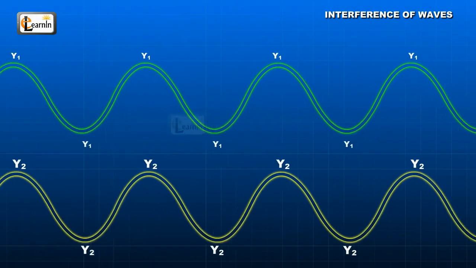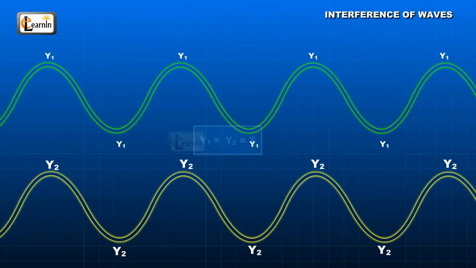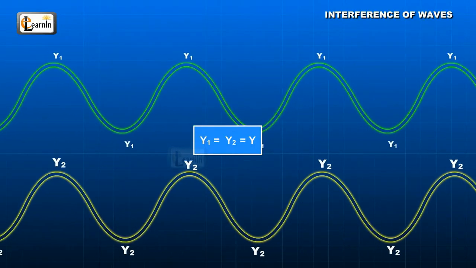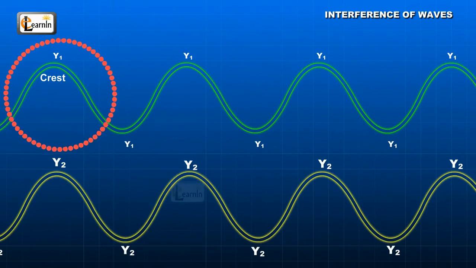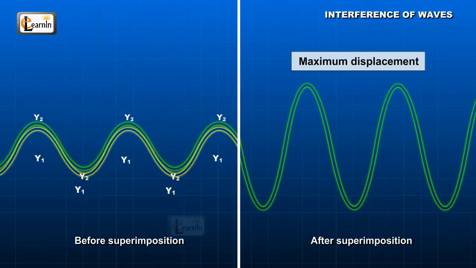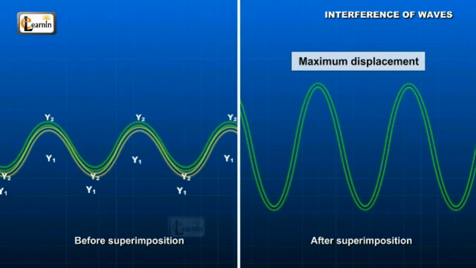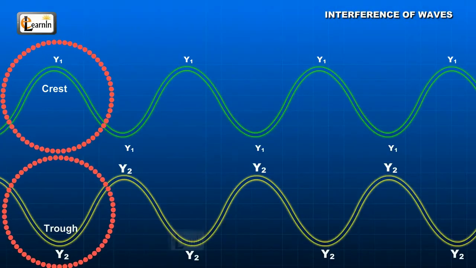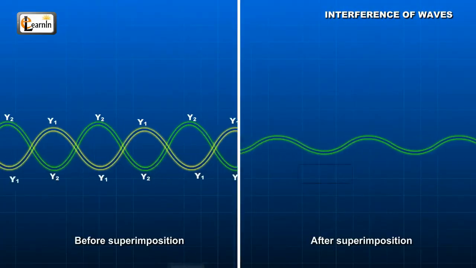When both the sources have the same amplitude, that is y1 equals y2 equals y, then the crest of the first wave meets the crest of the second wave and the resultant displacement is maximum. In the other case, if the crest of the first wave meets the trough of the second wave, the resultant displacement will be minimum.